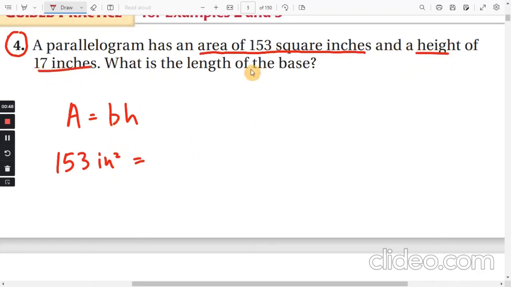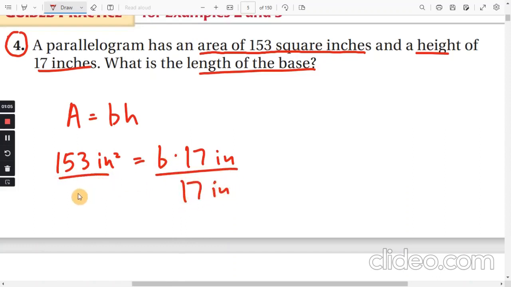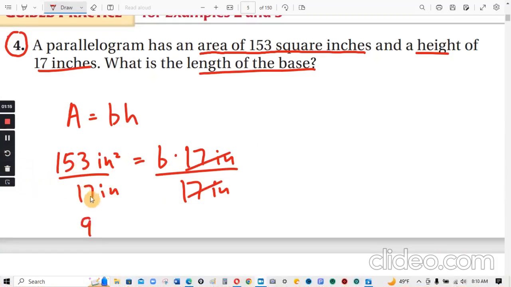So we don't know the base B. We're looking for B. I'll leave B alone. And the height H is 17 inches. Okay, solving for B, the opposite of times 17 is divided by 17. I'll divide by the units as well. 17 inches over 17 inches cancel. 153 divided by 17 just equals 9.